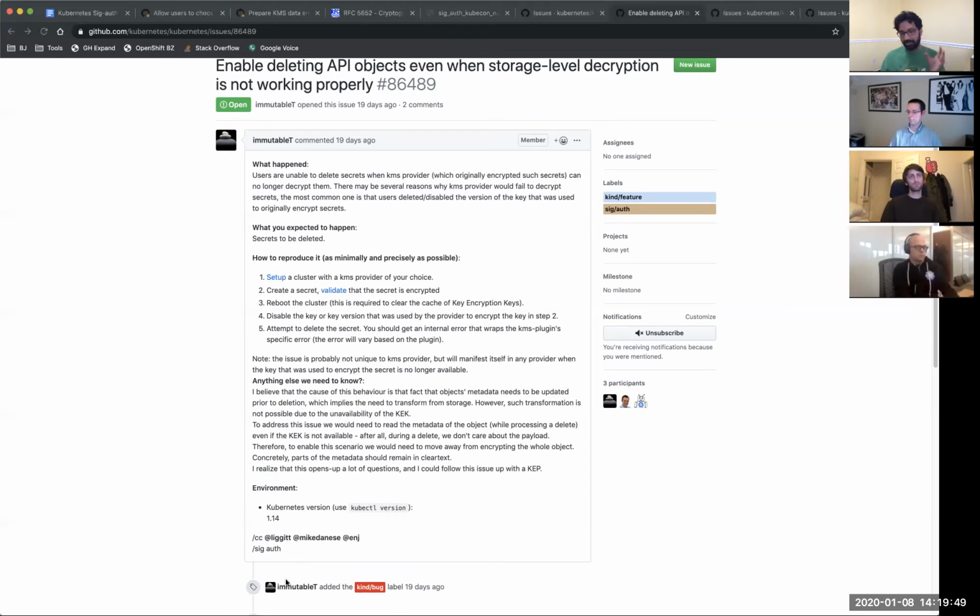But I mean, can I ask a question though? We keep saying we can't delete the secret. I'm much more upset that I can't read the secret. Well, consider the case for the service token controller, right? It will blow up entirely because every single list it makes while watching secrets is going to return 500s from the API.